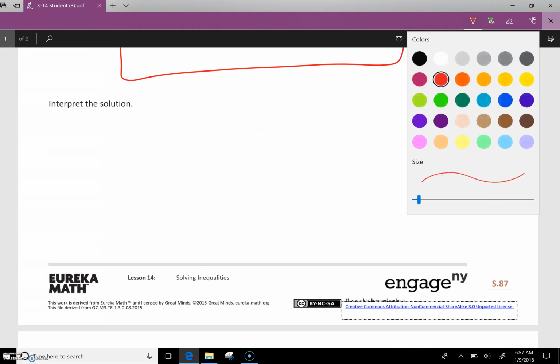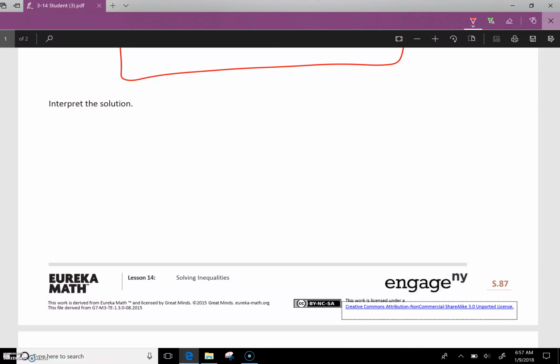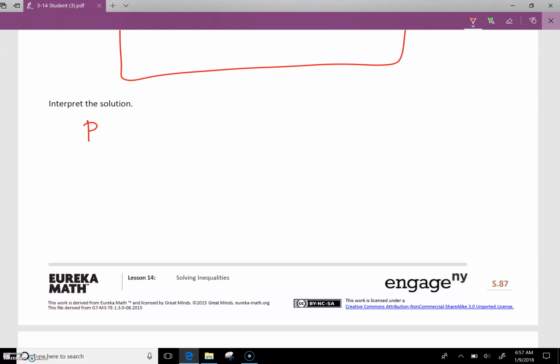Last thing they want us to do there is interpret the solution. Our solution was P is greater than or equal to 211. And they want to know, what does that mean? Here's what it means.